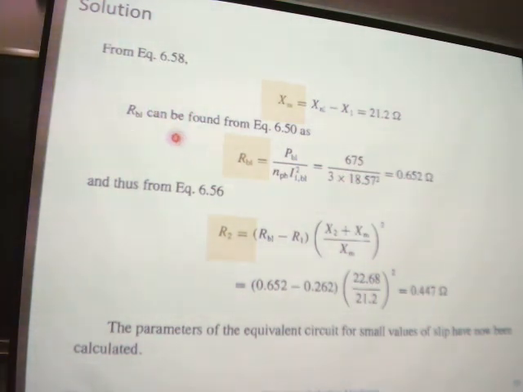And then using the blocked power and the stator current, we can calculate the blocked resistance, and also the rotor resistance using equation 6.56 in the textbook.